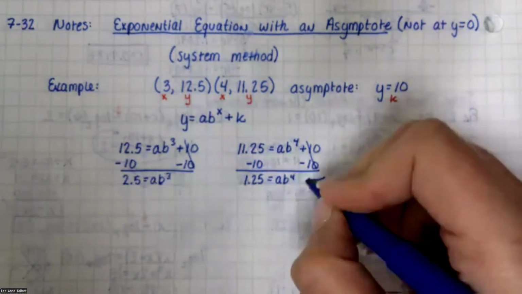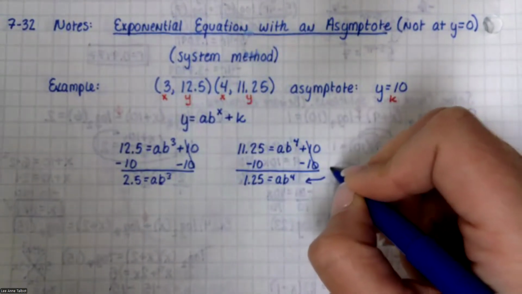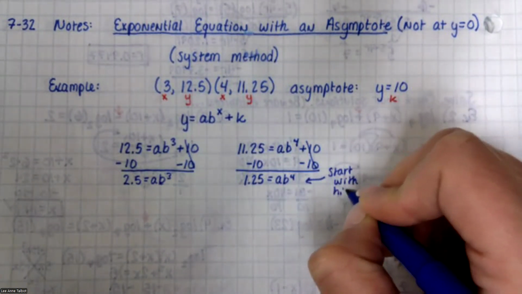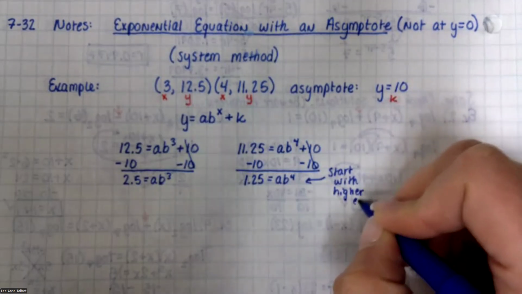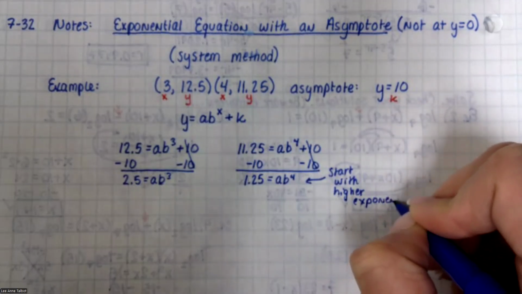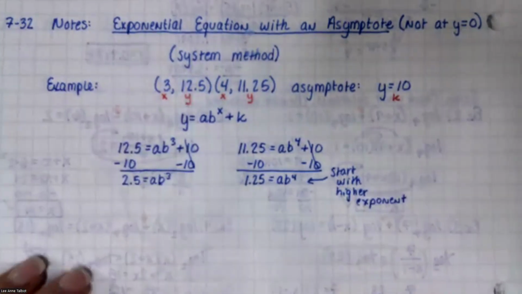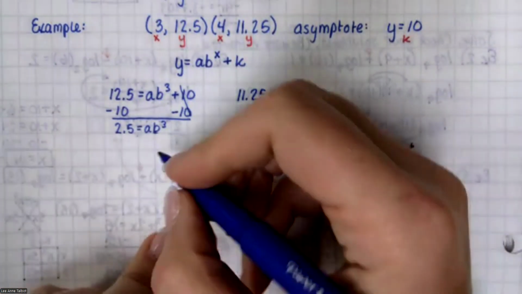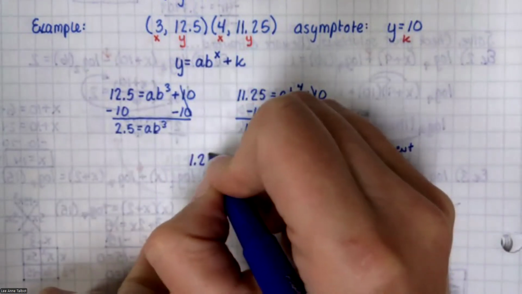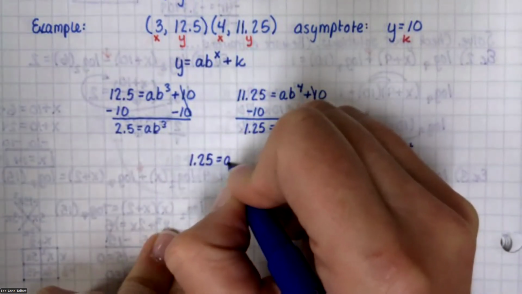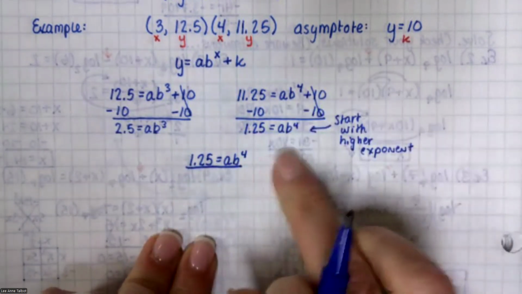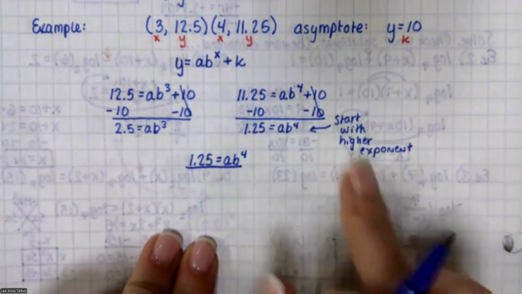Now you want to start with the higher exponent. You want to divide them. So I'm going to take this and put it on top. I'm putting it on top because it has the higher exponent. So I said start with the higher exponent.